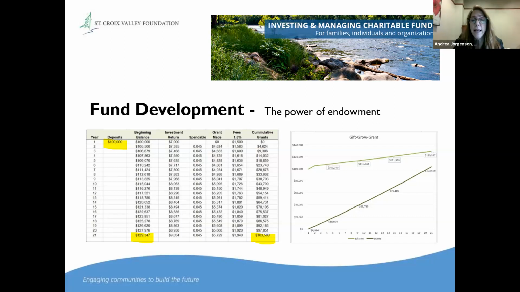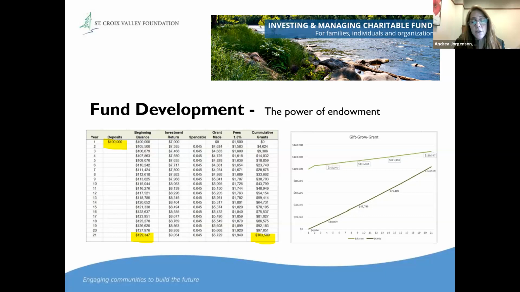I'm referring to when they're looking at donor advised funds. But in any case, the remaining 2.5% covers the fees that we charge in order to manage these funds.